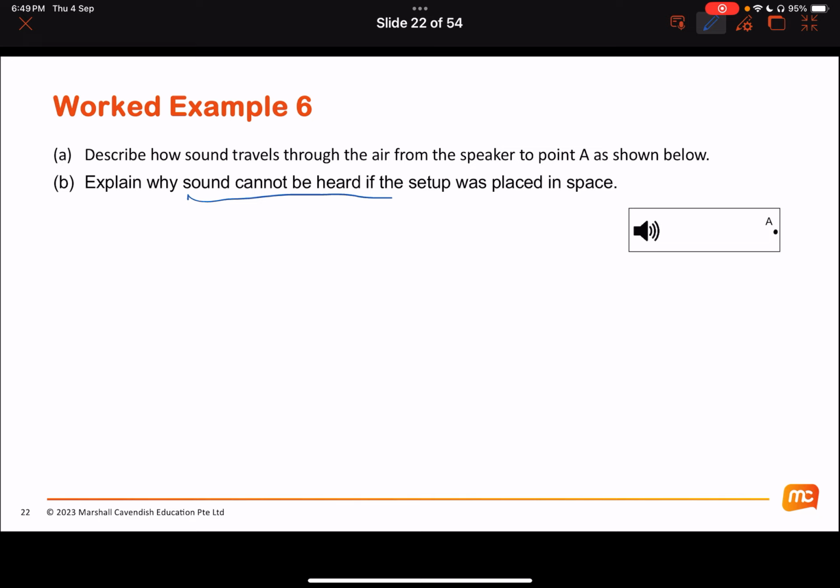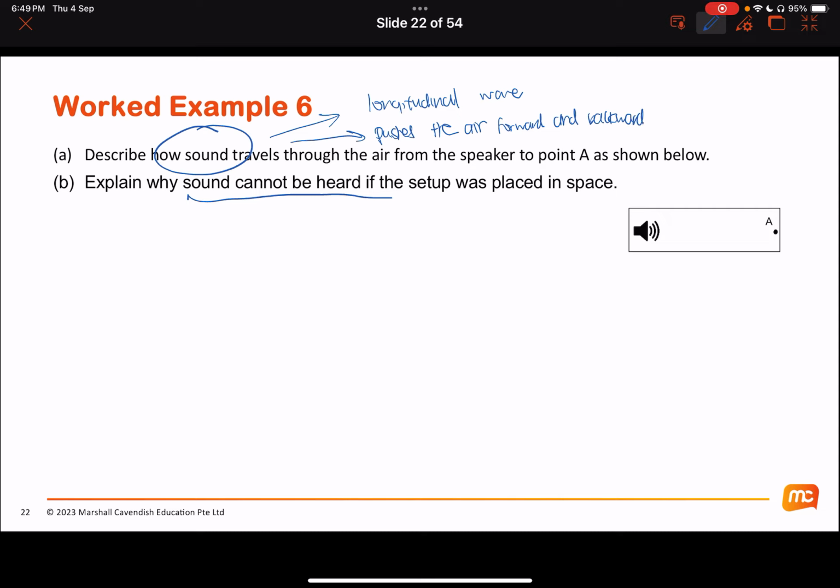It's quite standard, as long as you mention that sound is a longitudinal wave, and how the sound is generated through the speaker when it pushes the air forward and backwards repeatedly.